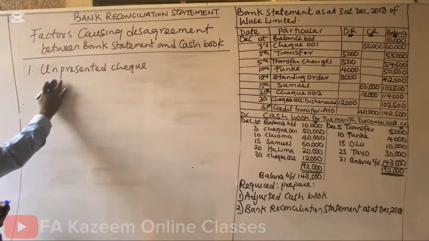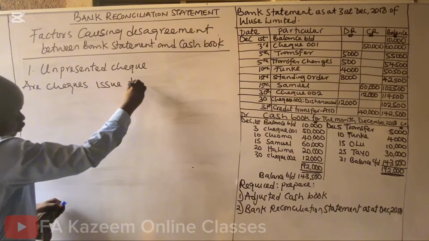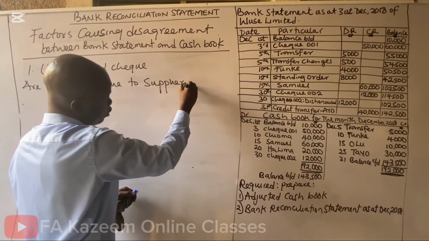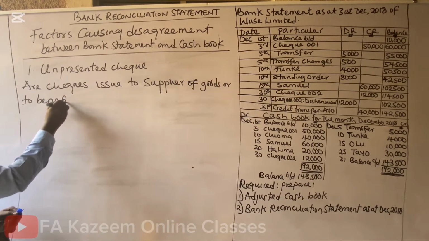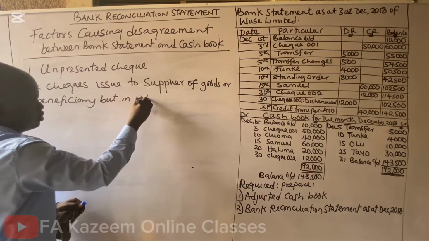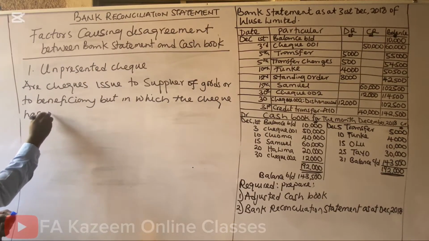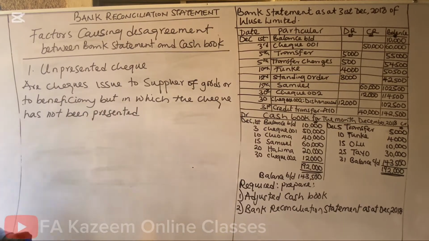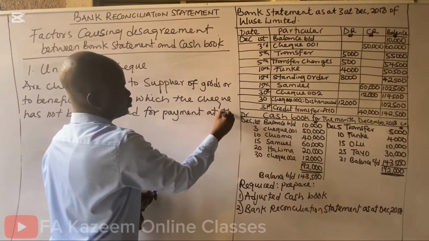Unpresented checks are checks issued to suppliers of goods or to beneficiaries, but in which the check has not been presented for payment at the time of reconciliation.